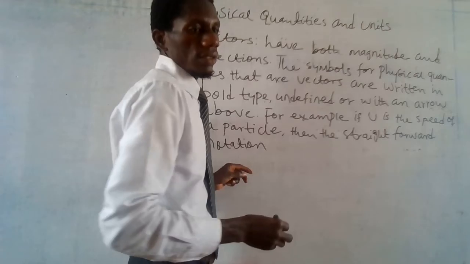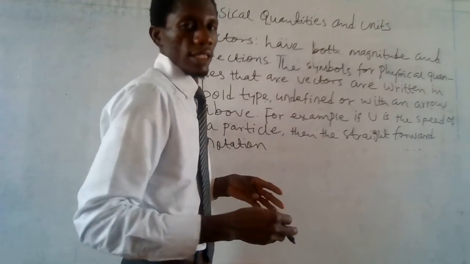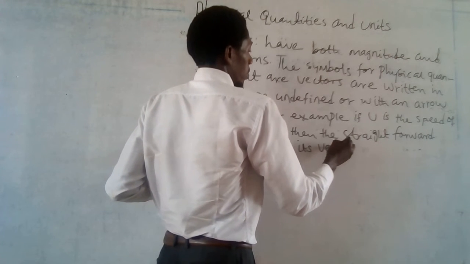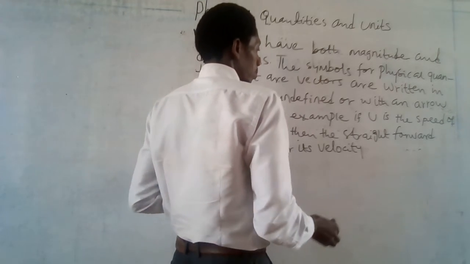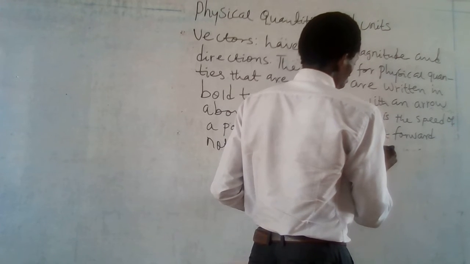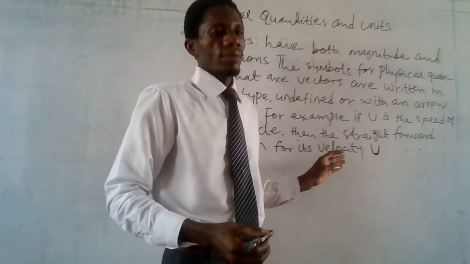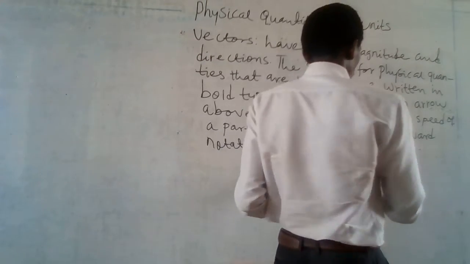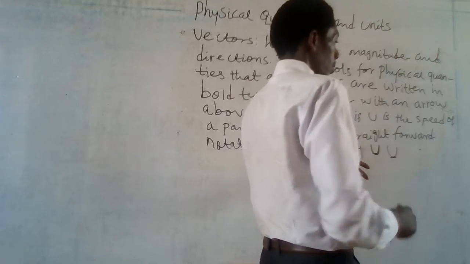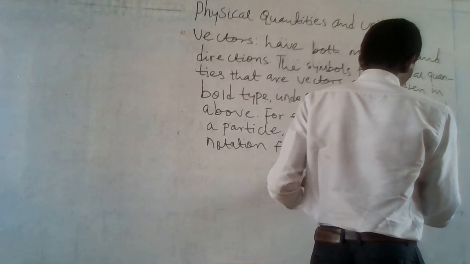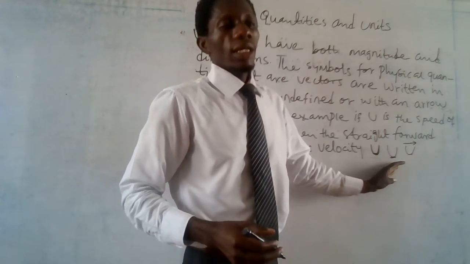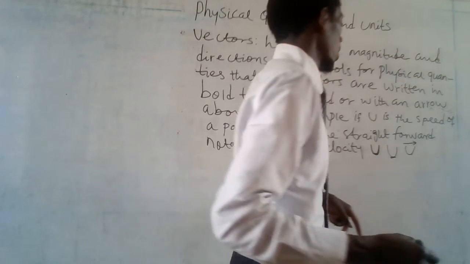That's u, and this u should be bold. This is u, and then we have u with an arrow. Now this represents our velocity.